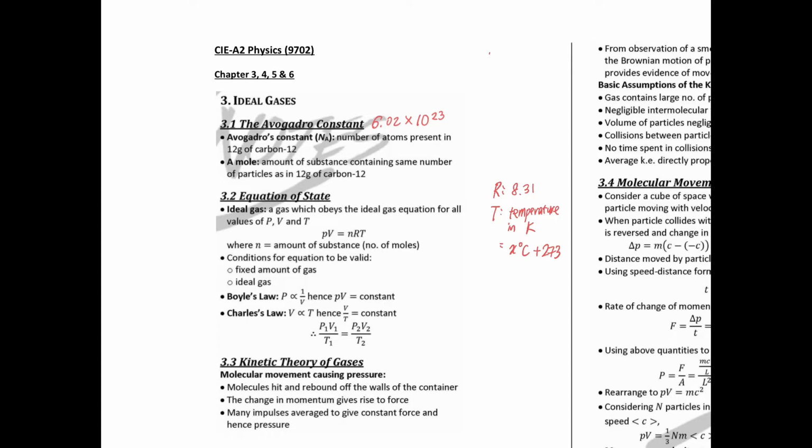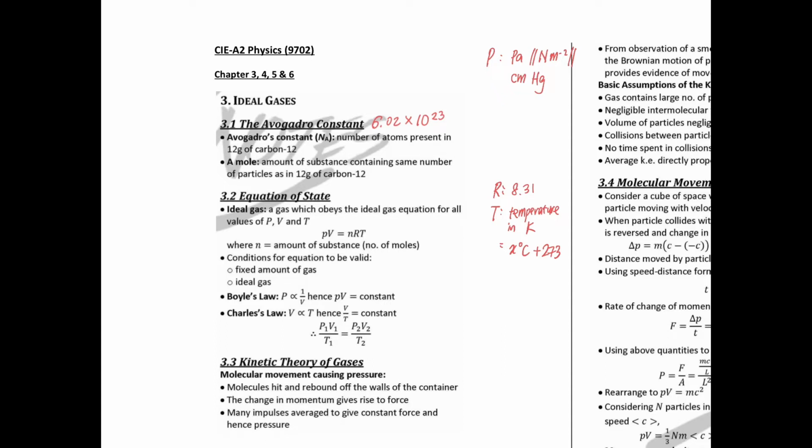When we talk about pressure, we need to know there are many kinds of units for pressure. For example, pressure can be Pascal, or Newton force over area, Newton per meter square. You can use cmHg also, or mmHg and so on.